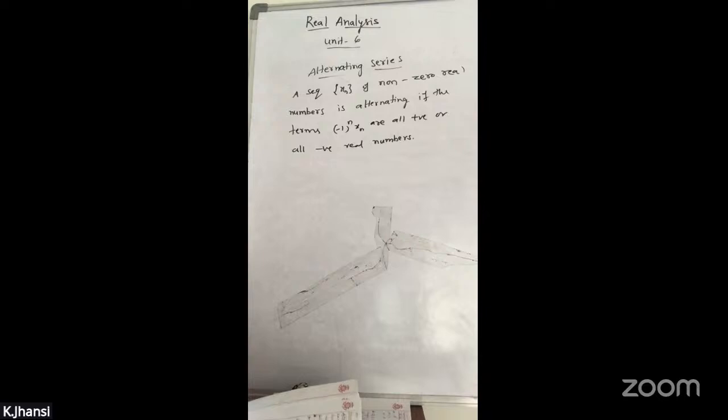Okay. So it is a combination of positive and negative terms. It is called an alternating series.